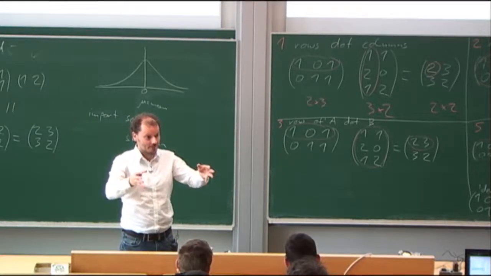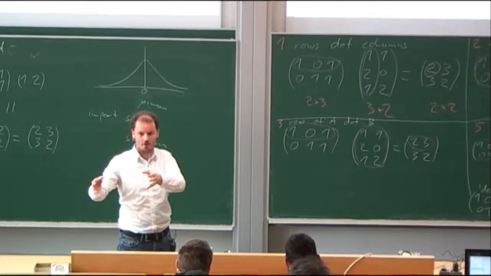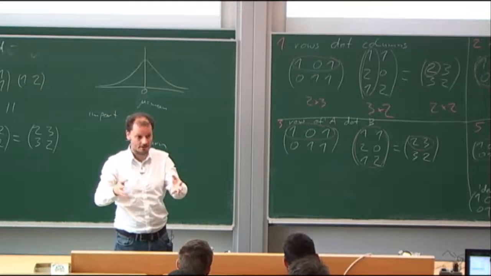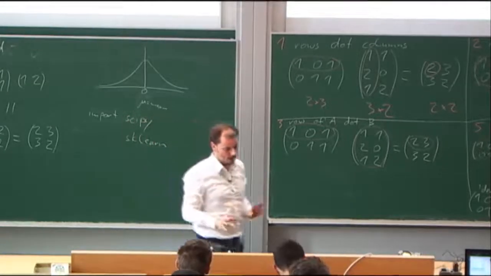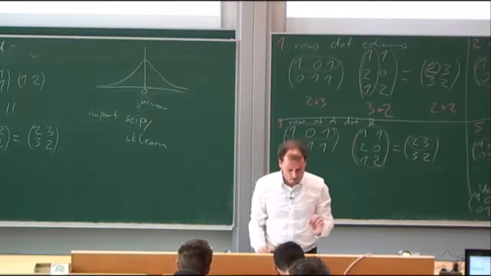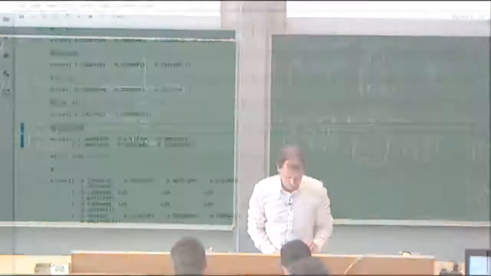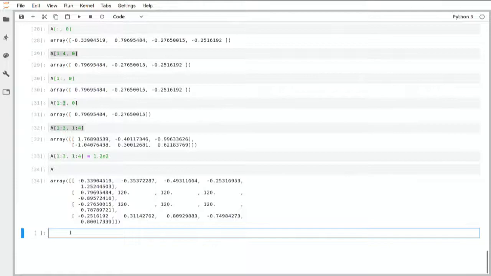And if NumPy would start copying that matrix every time you slice, it would be a mess, right? So this is, I think, the most important difference that you have to take care of between Python and NumPy: slicing in Python always creates a copy, and slicing in NumPy never creates a copy. The reason being performance, right?